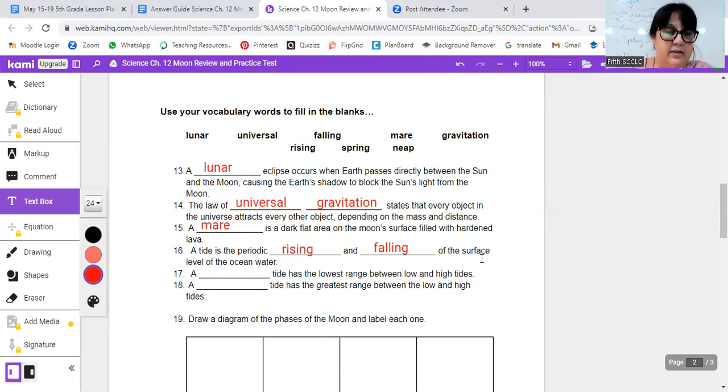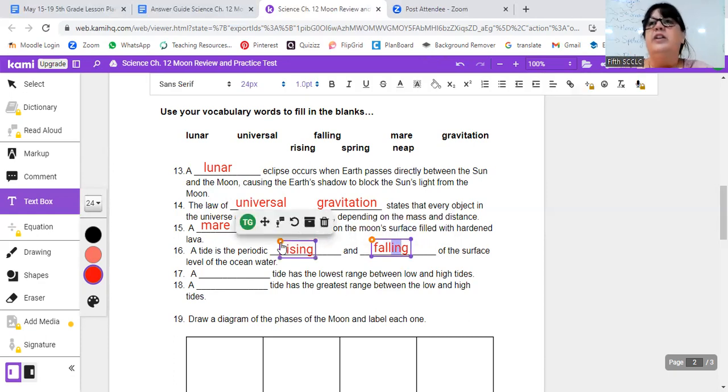All right, number 17. A blank tide has the lowest range between low and high tide. I couldn't hear you. Did you say neap? Yes, neap is correct. You've got to speak up when you're in the back. A neap tide. Number 18. Good.